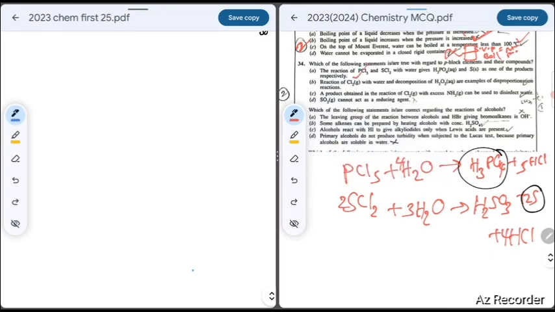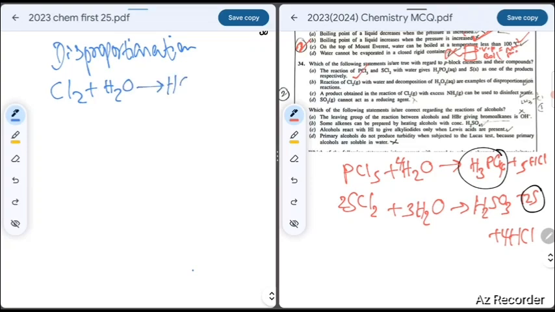Part B: reaction of Cl2 with water and decomposition of H2O2 are examples for disproportionation reactions. So what is disproportionation? Disproportionation means the same species undergoes both oxidation and reduction. First we will see the reaction of Cl2 with water. Cl2 with water gives HOCl plus HCl.